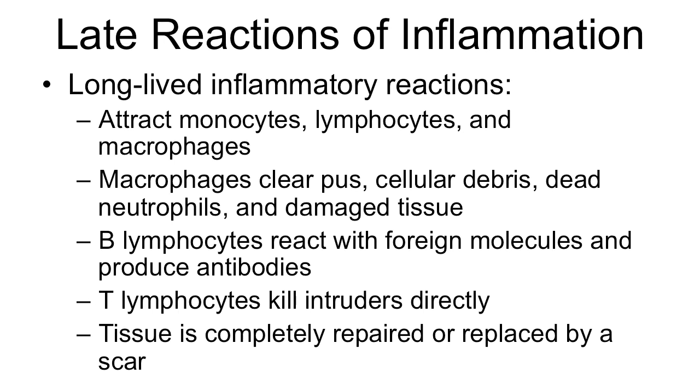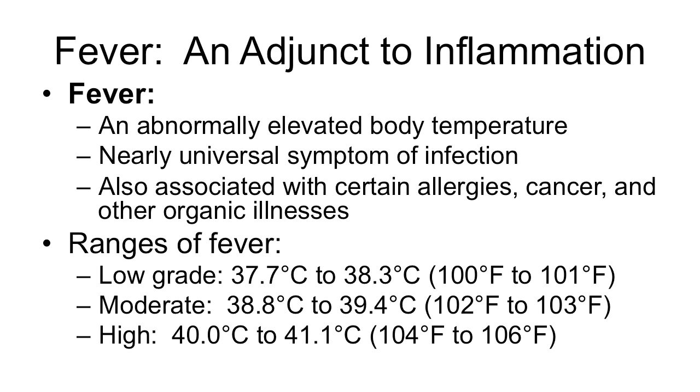And the T lymphocytes going around seeing if a cell has been infected and being able then to kill those infected cells. And eventually the tissue is repaired and you have a scar that is left in the area of the inflammation.